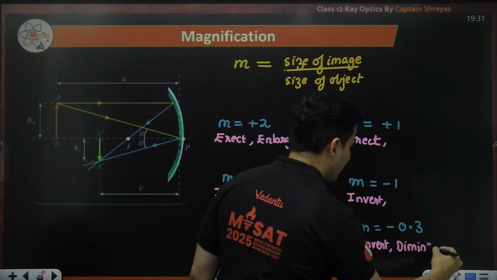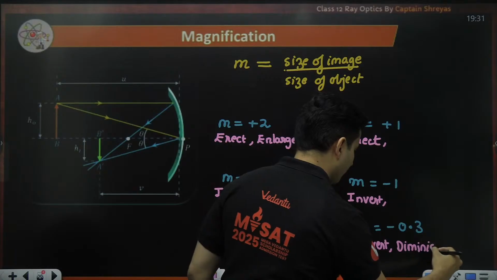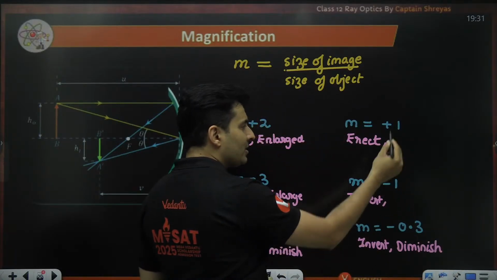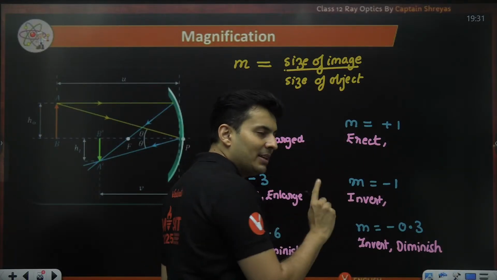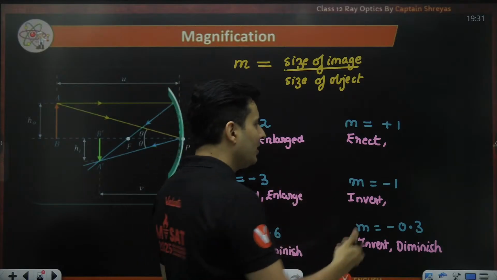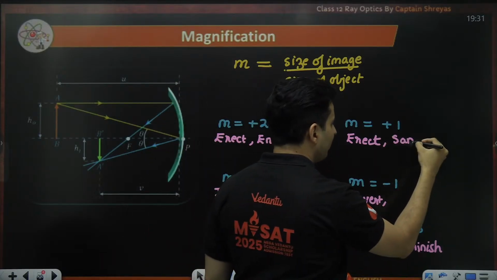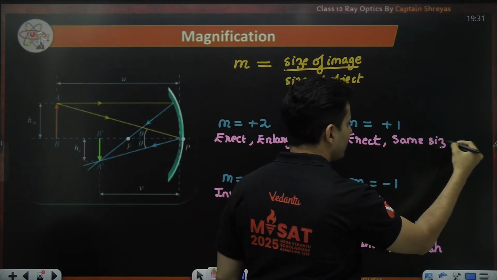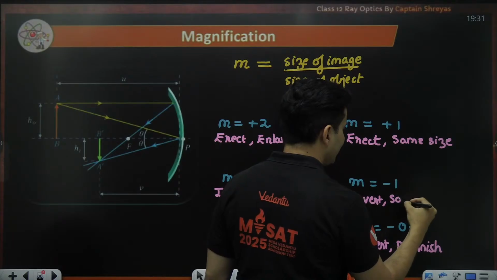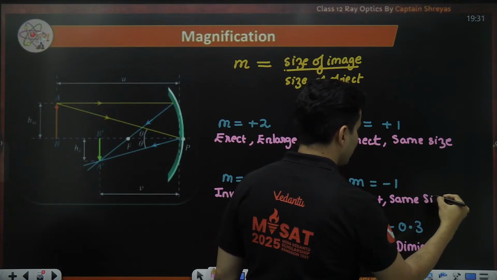Forget the sign now. It is diminished. -1 and +1, be careful. 1 means it is neither big nor small, so it is definitely going to be of same size.